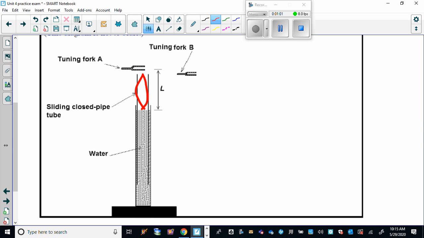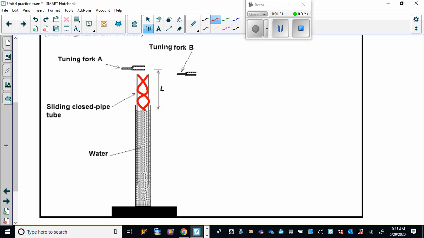You've created a node at the opening of the pipe. If there is sound, then you've created an antinode. The first one I did was a quarter wavelength, or 3/4 of a wavelength, or 5/4 of a wavelength, and so on.